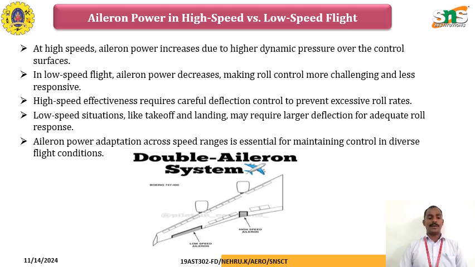Whereas in a lower speed aircraft, like at takeoff and landing, may require large deflection for adequate roll response. So aileron power adaptations across speed ranges is essential for maintaining control in diverse flight conditions.